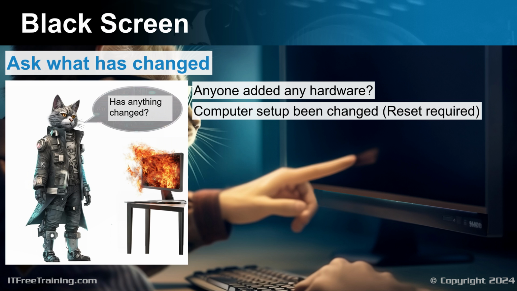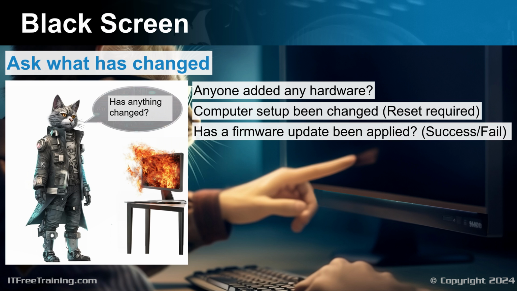When troubleshooting a black screen, it's important to determine if a recent firmware update was applied and whether it was successful. If the update failed, a system with a dual chip design, where there are two BIOS or UEFI chips, can be advantageous. You can switch to the backup chip to start the computer.